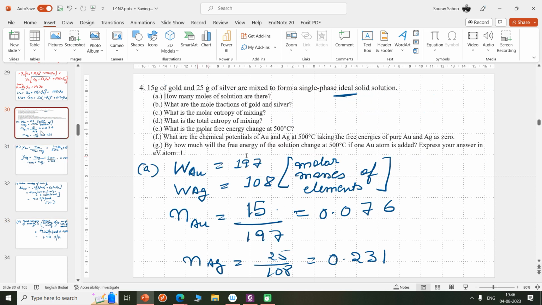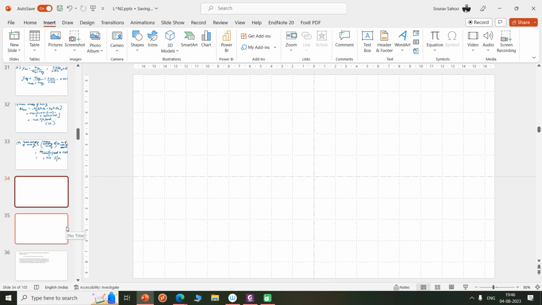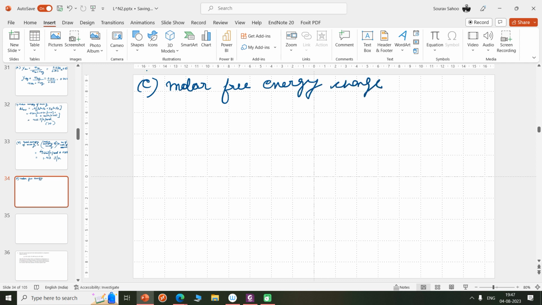So what is the molar free energy change at 500 degrees centigrade? So molar free energy change at T equal to 500 degrees centigrade, right?